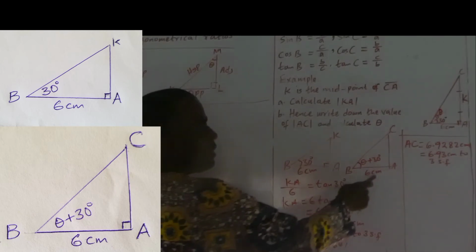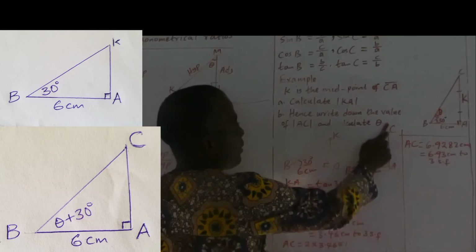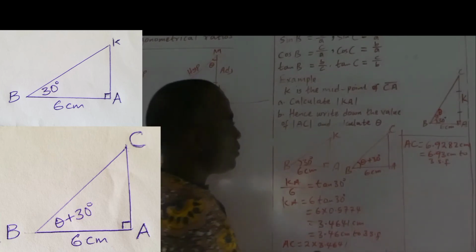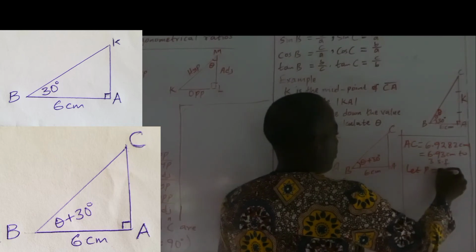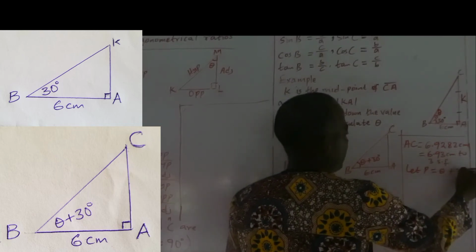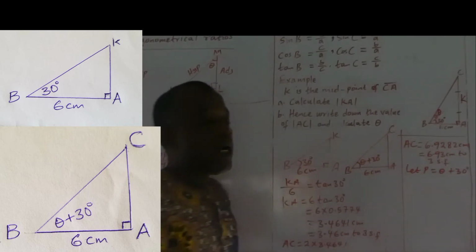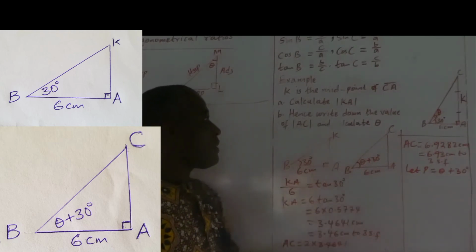So we can now find theta in triangle ABC. Let P equal theta plus 30 degrees. So we have opposite over adjacent.